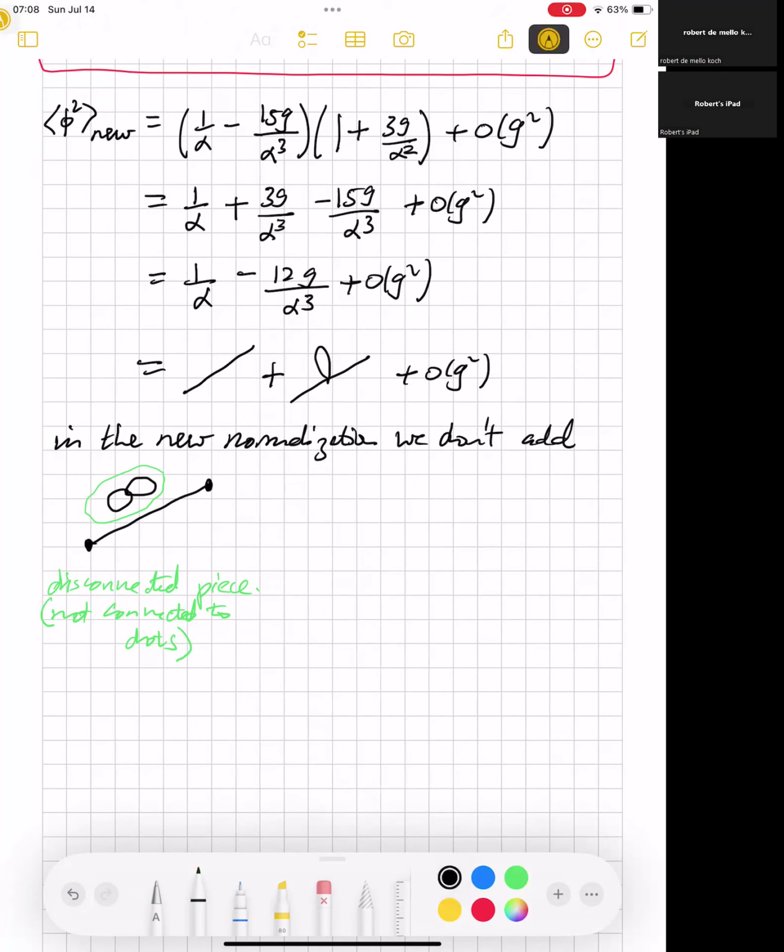A diagram like this is called a vacuum diagram.